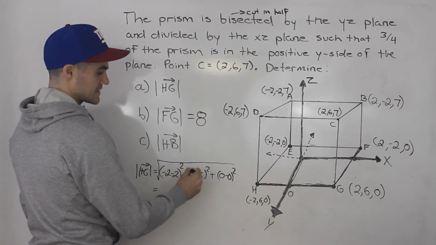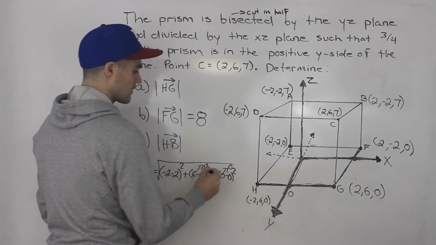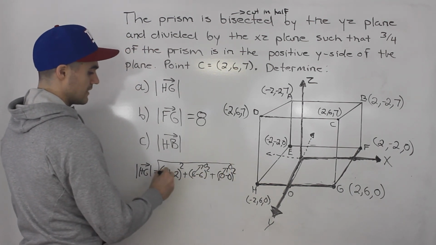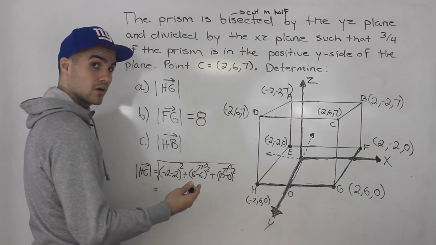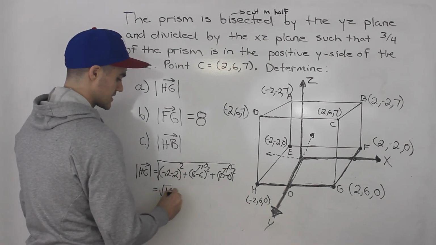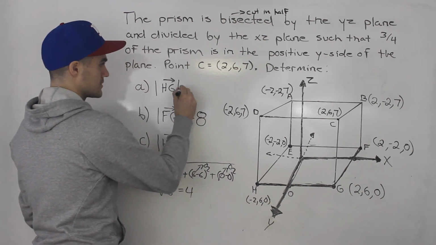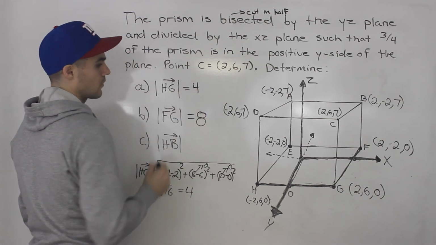Well, notice 6 minus 6 is 0, 0 minus 0 is 0, so these parts will go to 0. And then -2 minus 2 is -4, squared is 16, then the square root of 16 is 4. So the magnitude of HG is 4.